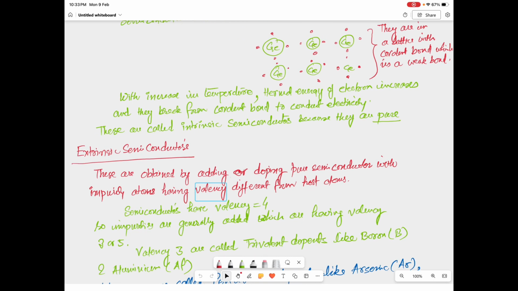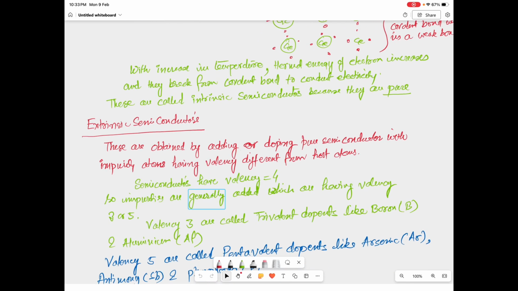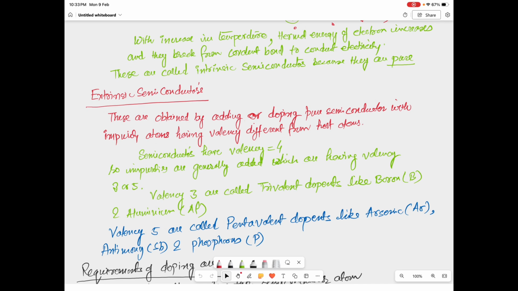So what is an extrinsic semiconductor? These are obtained by adding or doping pure semiconductors with impurity atoms having a valency different from the host atoms. Semiconductors, as I told you, have valency 4, with four electrons in the outer shell, whereas the impurity generally added has valency 3 or 5, that is plus 1 or minus 1, which adds either free electrons or holes, making them N-type and P-type semiconductors, as explained below.